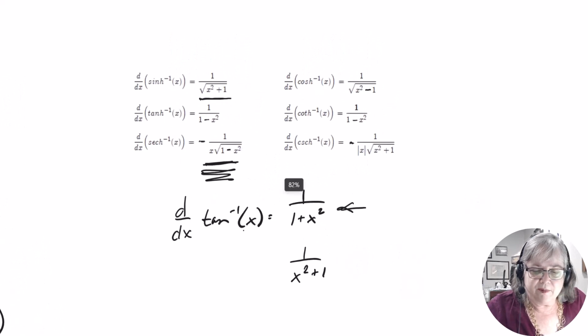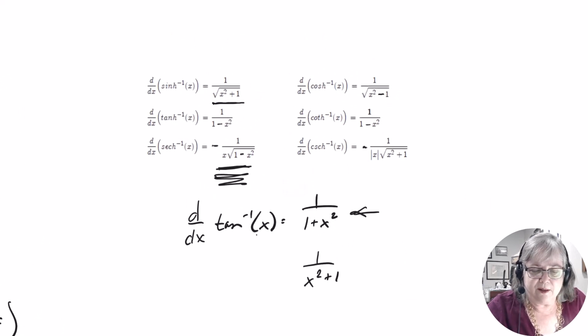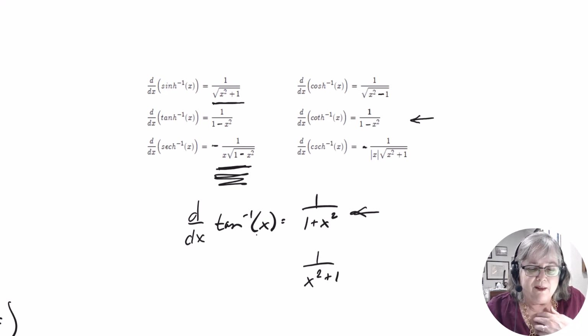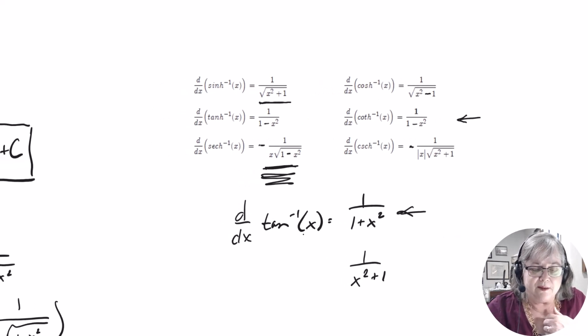Now, these two, if you look at the inverse hyperbolic tangent and the inverse hyperbolic cotangent, right? They look like they're the same, and you're thinking, well, maybe that's an accident or something, but they are the same, except their domain's not the same.